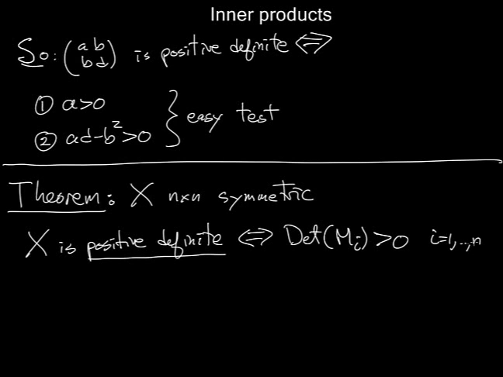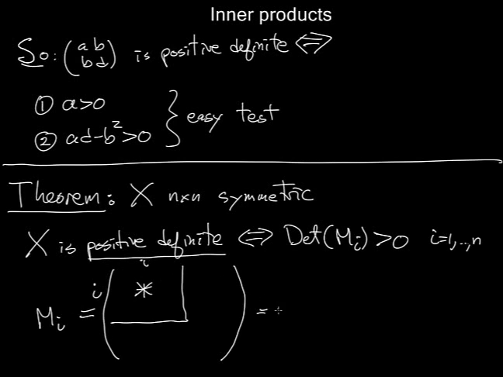And M_i is the so-called minor. It's the matrix that you get by taking the upper left-hand corner of the matrix, and it's allowed to be of any size, 1 by 1 up to n by n. All of those determinants are required to be positive. There's n of them. And in the case of a 2 by 2 matrix, there were 2 to check.